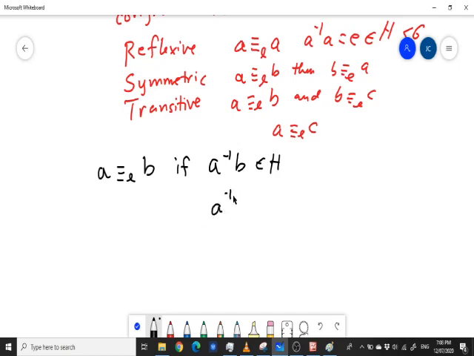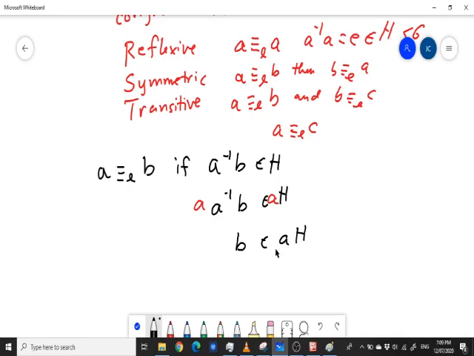A inverse B is in H. So, pwede ko mag-multiply ng A, left. So, this is just identity, just B. So, meaning, B is in AH. Right? B is in AH.